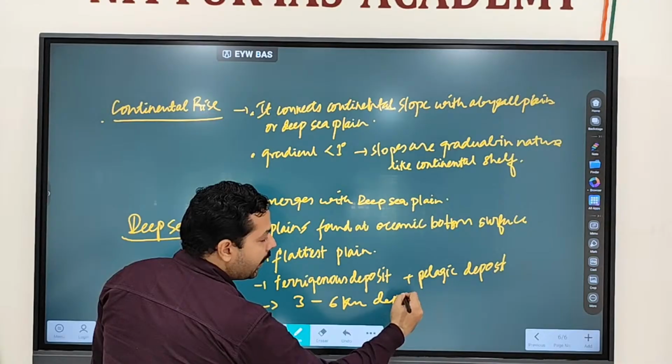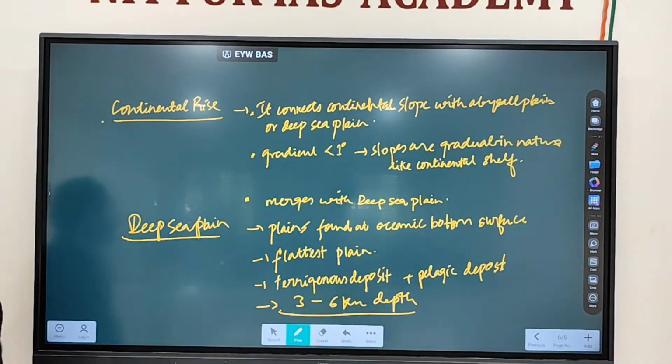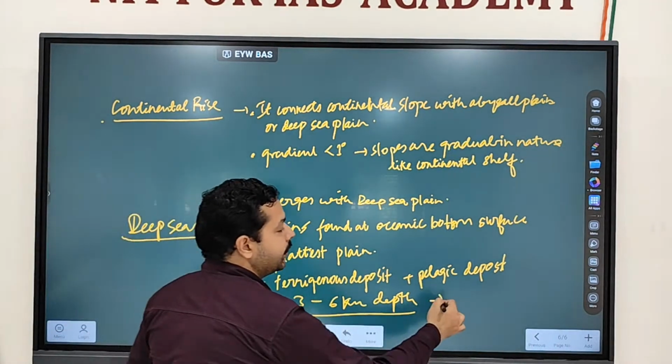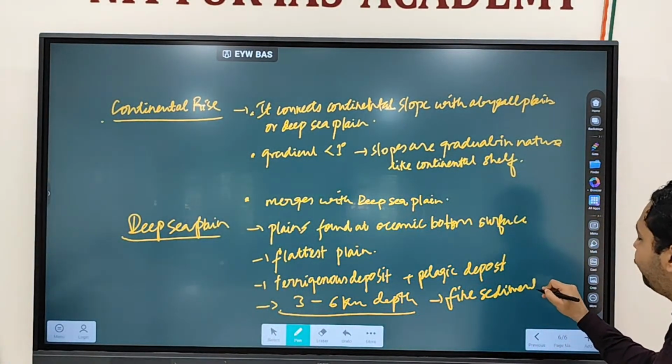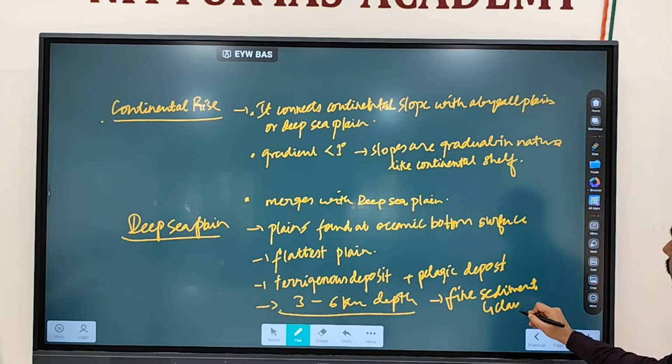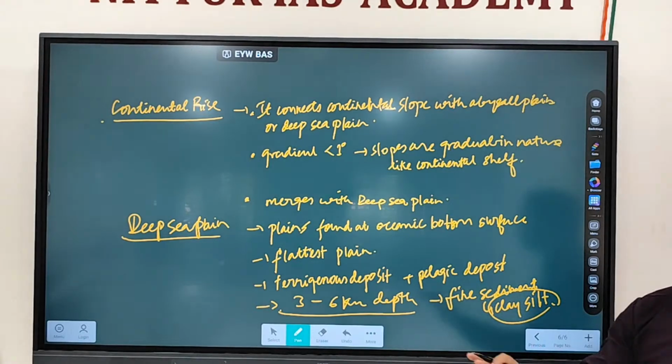They are covered with very fine sediments. These fine sediments could be clay, silt, found at the bottom of the plains.